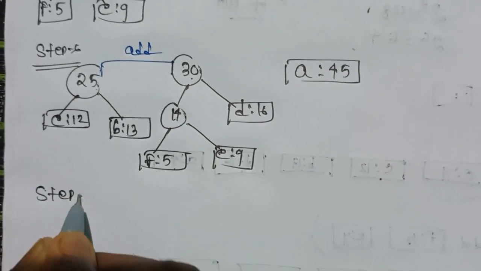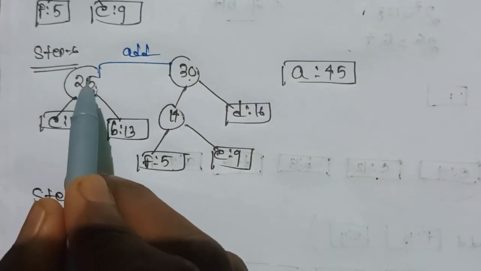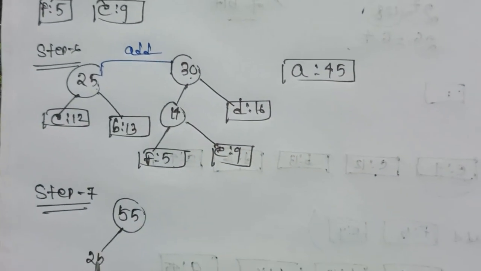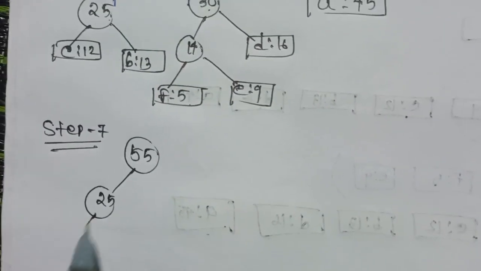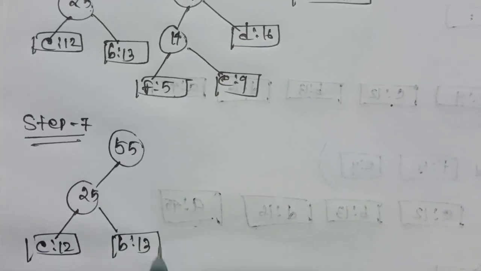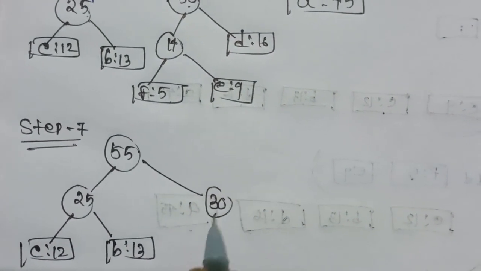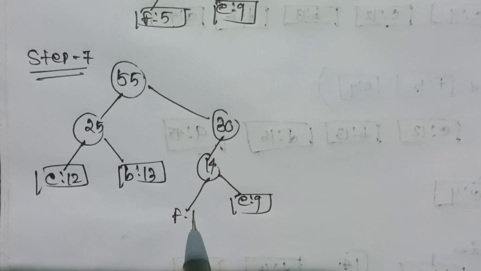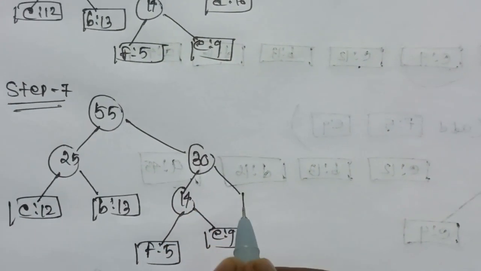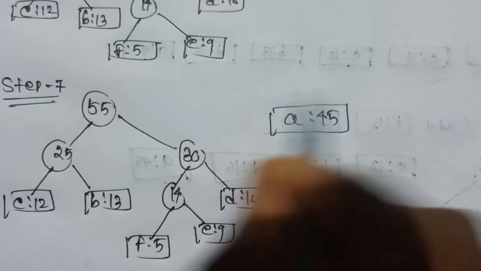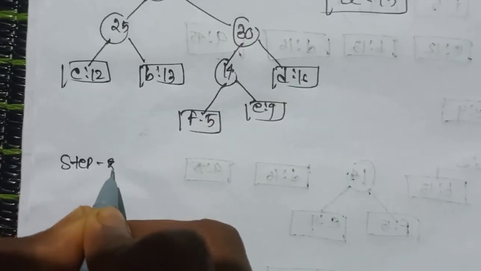Then step number 7. So what will be the result of 25 plus 30? 55. Then in the left part, 25, C12, B13, in the right side 30, 14, E9, F5, D16, and here A45. Now step number 8.